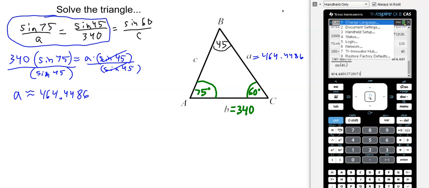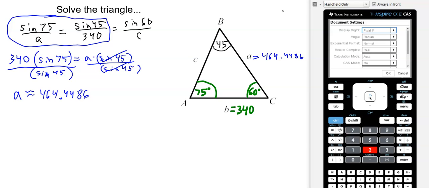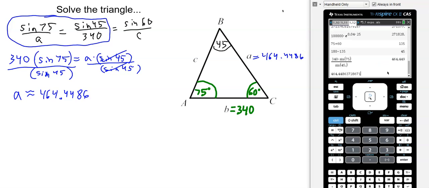It's weird, so let's change it the other way. You can go doc, settings and status, document settings, change it to degree mode, and say okay. And now it's degree mode. That's weird. It should work. I don't know what that was.